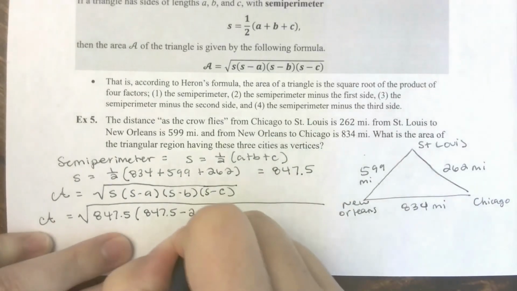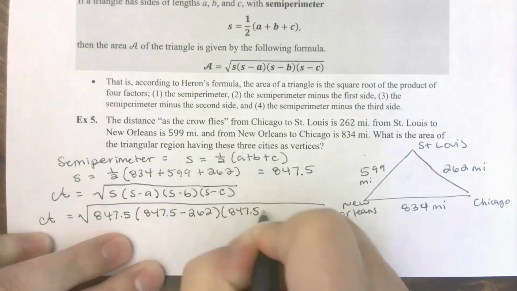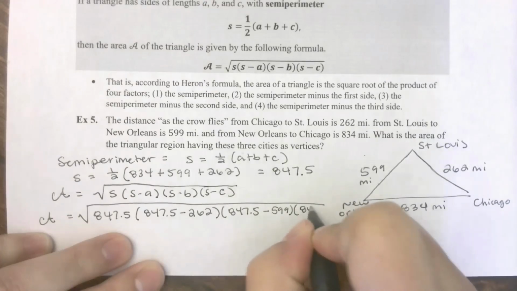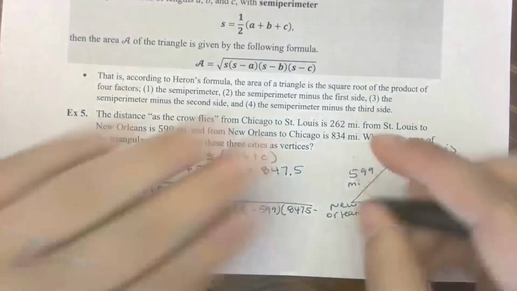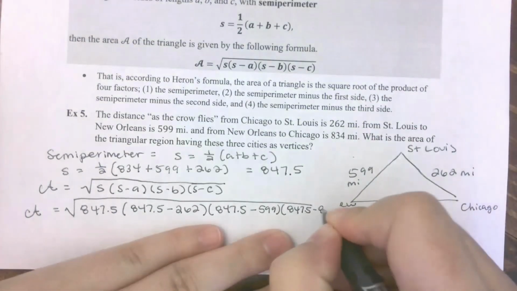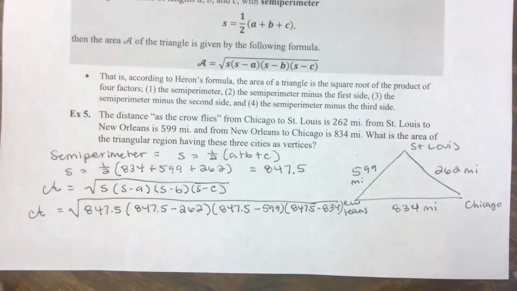So then 847.5 minus 599, and then 847.5 minus 834.